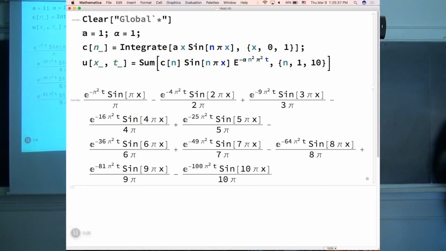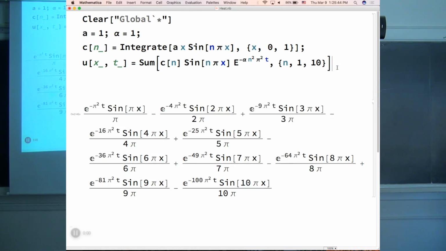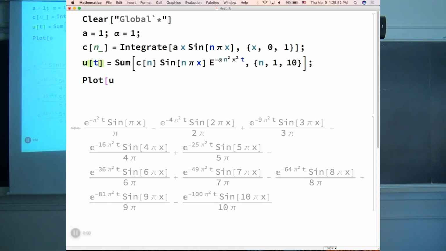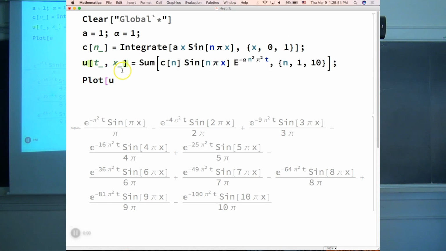So all that's left is to plot it. So let's plot it. Once again, I'll suppress the output and I'll say plot u. You know what? We usually make t the first variable, right? So let's stick to it. t, x. So u, let's first plot it at time t equals 0. And we're sure to see the Gibbs phenomenon because we only have 10 terms.